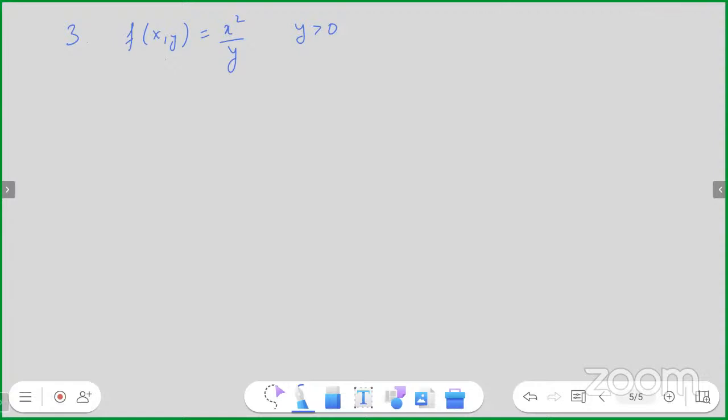Okay, let's try to do it. So what will be the first term? Is it simply 1 by y or 2 by y? Okay, this is minus 2 by y square. This is first x, right? So 2x by y square with a minus.